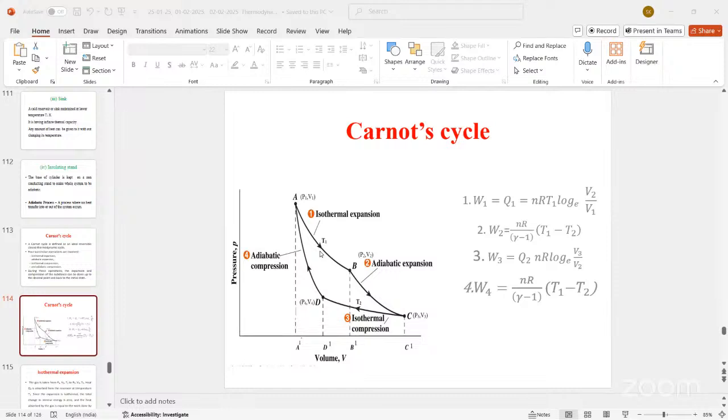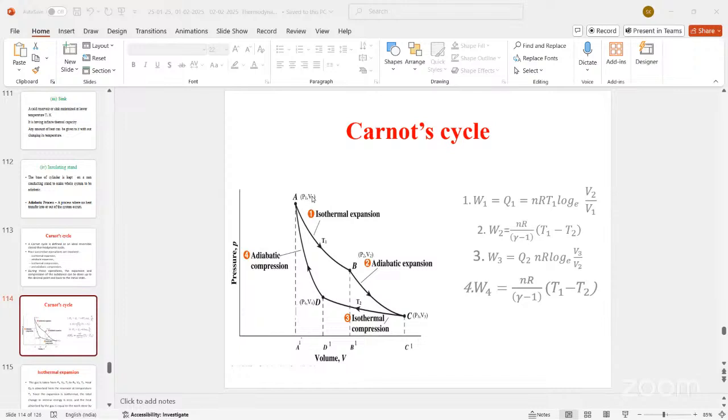Here T1 transfers the heat. Work done by the gas on the environment is Q1, absorbed by the gas from the reservoir at constant temperature. We are taking the constant temperature as T1. So this heat transfers from 1 to 2.